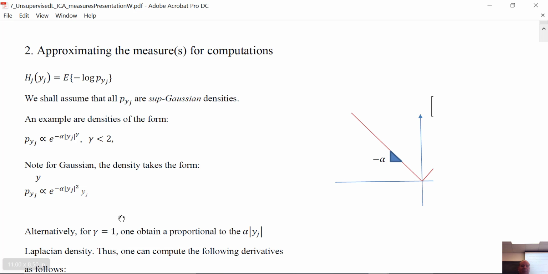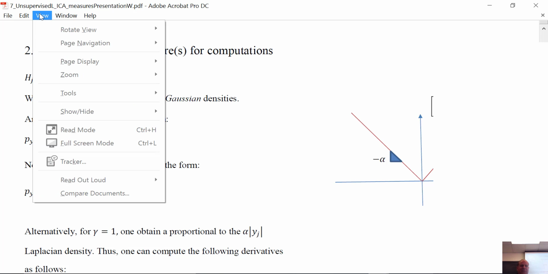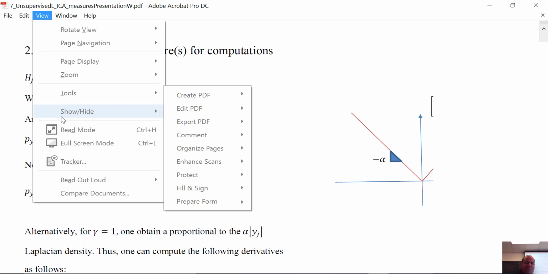So this Laplacian density is going to generate for us an expression for the information, which is really this expression. When you plot it, the absolute value as a function of y_i, this picture is not coming out nicely here.